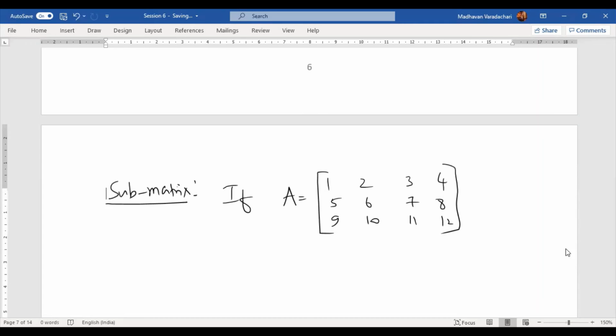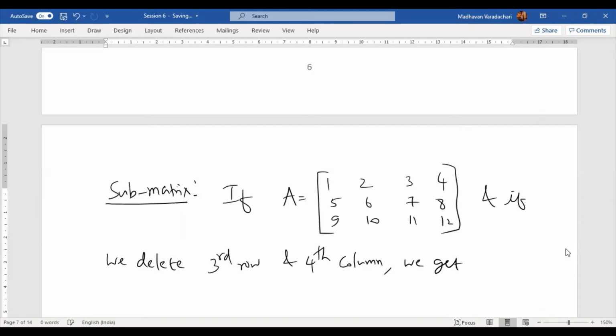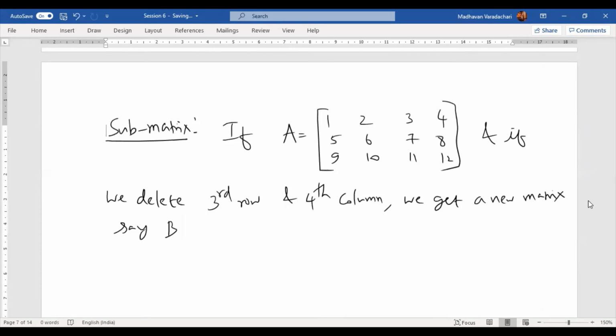If we delete the third row and fourth column, we get a new matrix, which I'm going to call capital B. You are removing the third row and the fourth column, so what is left now? You will be having 1, 2, 3, 5, 6, 7.